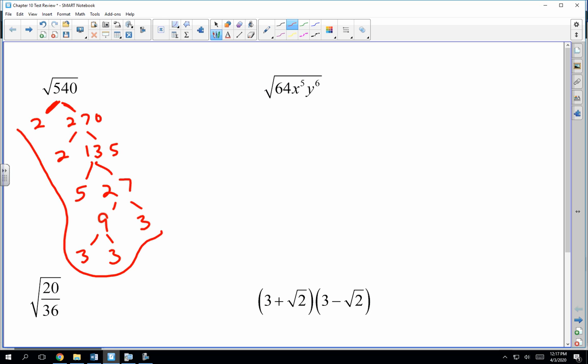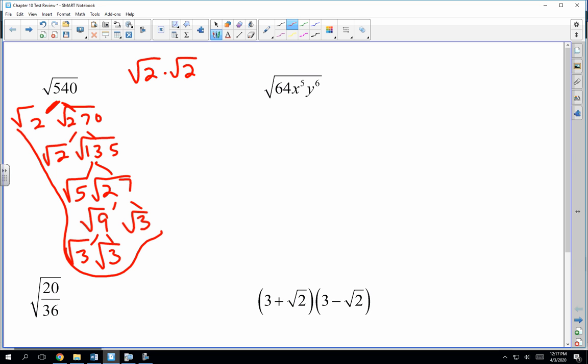So we don't do this with a factor tree, but what we really mean as we break these up is that each one of these has a radical over the top of it. And so there's a radical over this, a radical over this, a radical over this, and this, and this, and this, all the way down. And so what's happening is that each time we have a pair, say we have a radical 2 and a radical 2, that's equivalent to the square root of 2 squared.